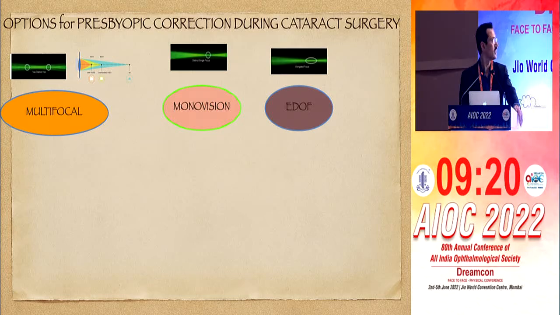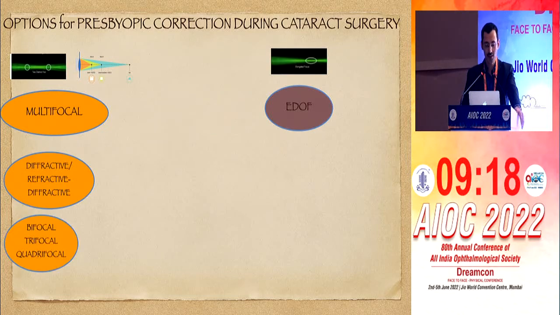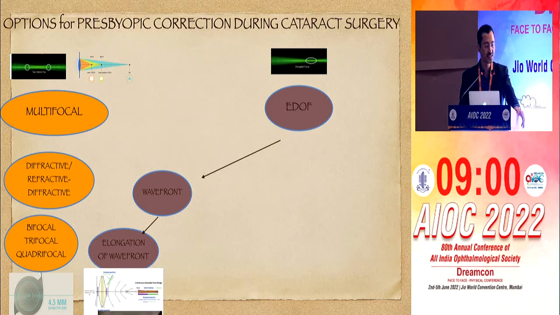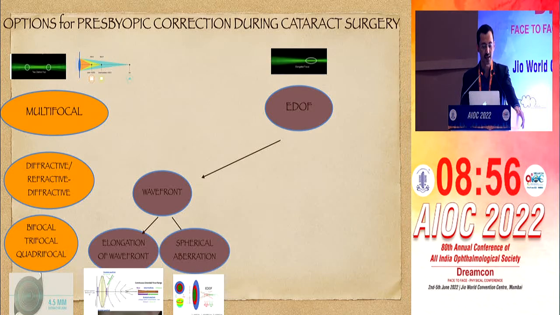The multifocal lenses are mostly diffractive or diffractive-refractive lenses, which could be bifocal, trifocal or quadrifocal technology. EDOF technology could be of varied types, including wavefront, which includes elongation of the wavefront, and the second is by using spherical aberration.